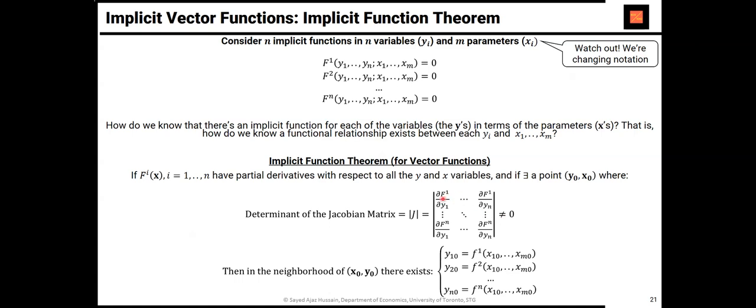So you really want to go back to the univariate case. Previously, you said this derivative must not be equal to zero, right? For y to be a function of everything else. Now what you're saying is the entire matrix determinant must not be zero. If that's actually true, and there's a point x0, y0 where these things hold, with the equations equal to zero, then you are implicitly defining y's in terms of x's. So you're guaranteed that there is a relationship between all the y's and all the x's, even though you don't know the precise relationship.